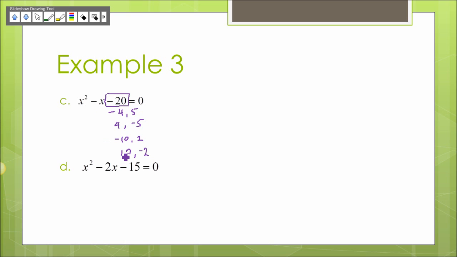So starting from the bottom, 10 plus minus 2 is minus 8. That doesn't work. Minus 10 plus 2 is minus 8. That doesn't work. 4 plus minus 5 is minus 1. Oh, there we go. We found the correct one. So that's our solution. Factorizing it now, it's x plus 4, x minus 5 equals 0.